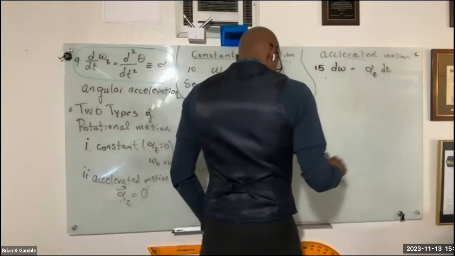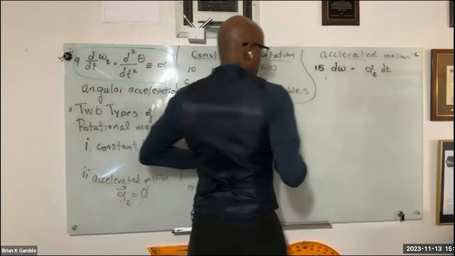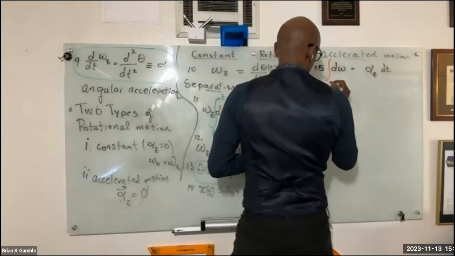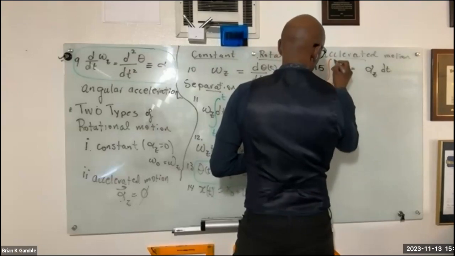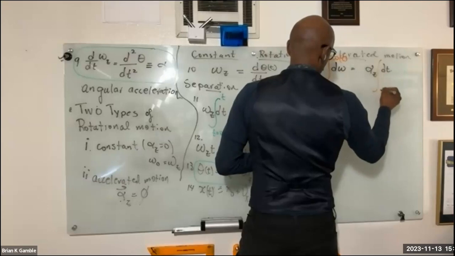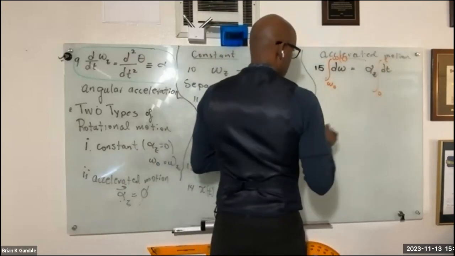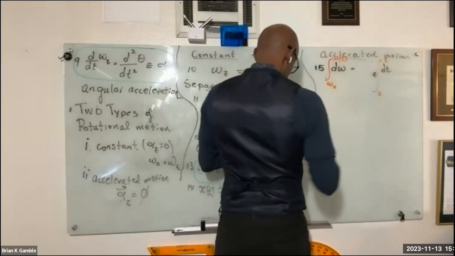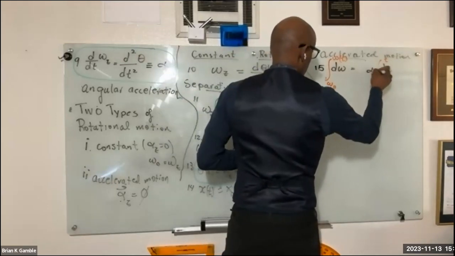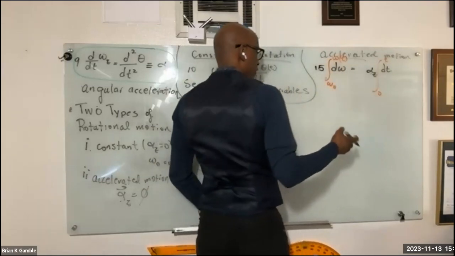So the variables are separated, and then we can do a cheat integration where we just put in definite limits. So omega naught to omega t, and of course this one is 0 to t. And alpha z is outside the integration because it's constant. That's an alpha, not a 2. So this integrates to delta omega, right?